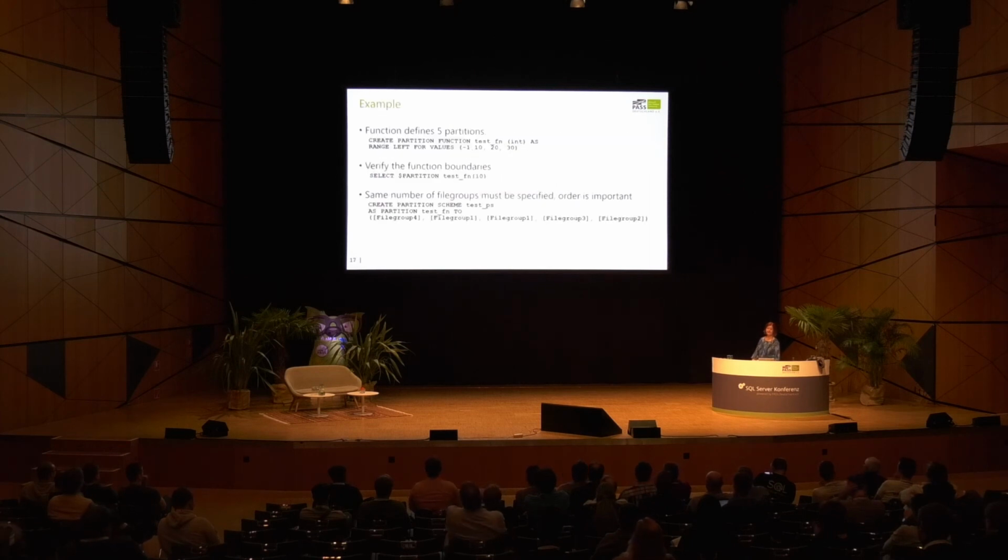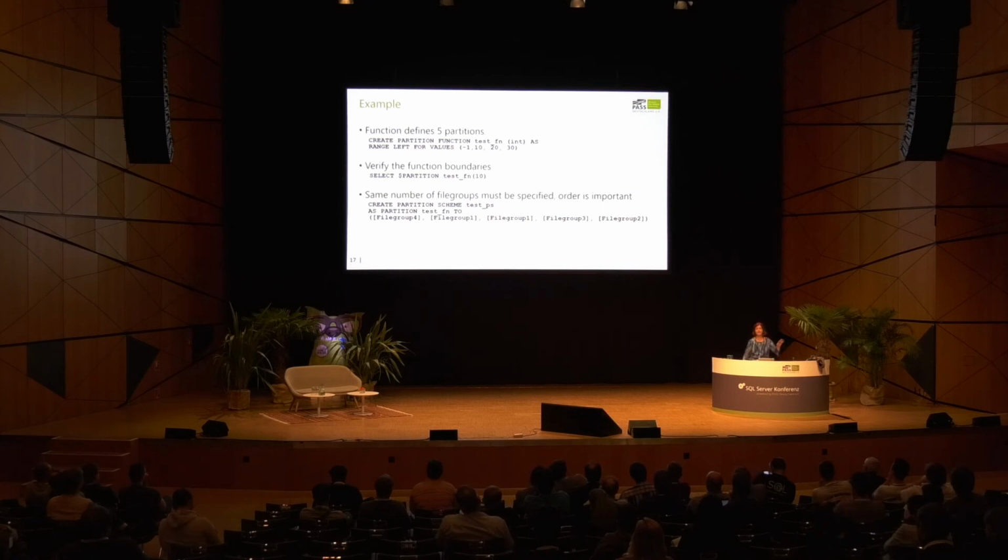So here's a couple of examples. Create partition function, I'm just calling it test function here, test fn, as range, and I'm listing 4 values, -1, 10, 20, and 30. 4 values will give me 5 partitions: everything less than -1, everything between -1 and 10, between 10 and 20, between 20 and 30, and greater than 30.